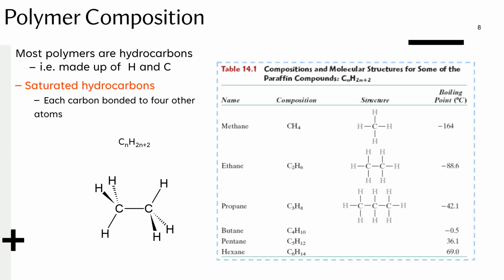But before we get there, we've got saturated hydrocarbons, where your carbon is bonded to the maximum number of atoms that it can be bonded to, which is 4 atoms. In this case, you see it's 1 carbon and 3 hydrogen.